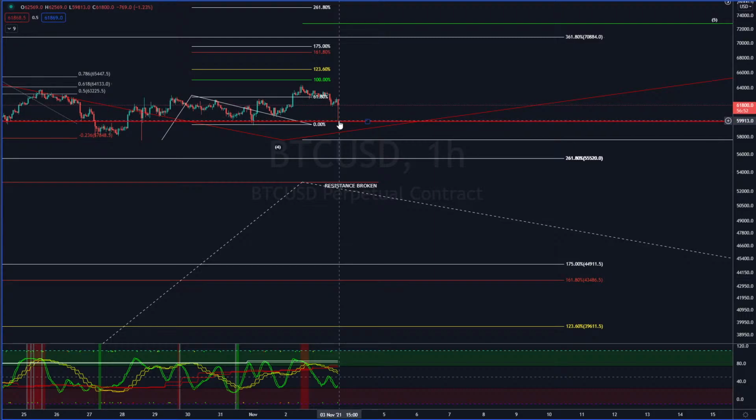I take it back, it went down to 59,813. That's where it went to. This looks okay. It actually looks like probably some kind of liquidation wick, stop hunts, whatever that may be.